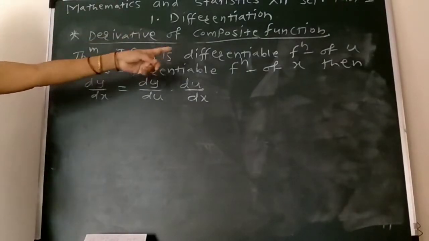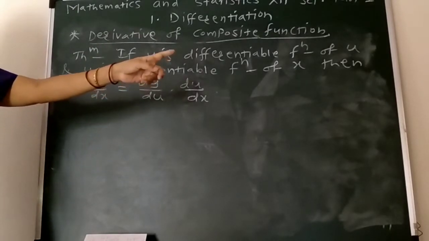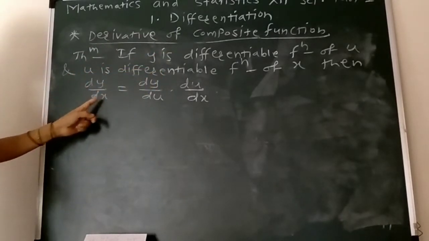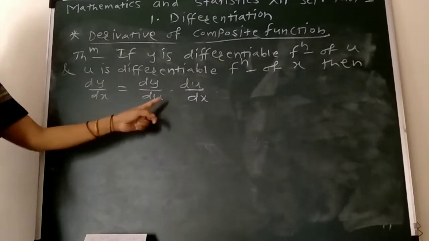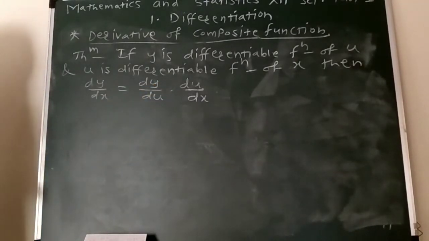Theorem: if y is a differentiable function of u and u is a differentiable function of x, then dy by dx equal to dy by du into du by dx. Now we have to prove this theorem.